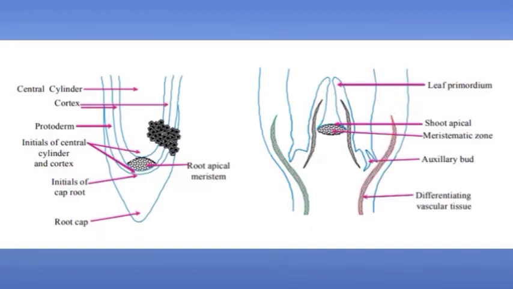In the second diagram, let's see shoot apical meristematic zone, axillary buds and differentiating vascular tissue, and on the top of shoot apical meristem, leaf primordium. Let's see this diagram carefully for your better understanding.